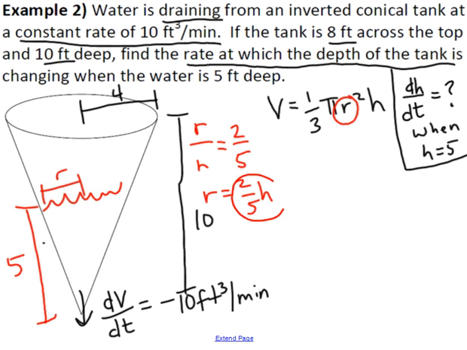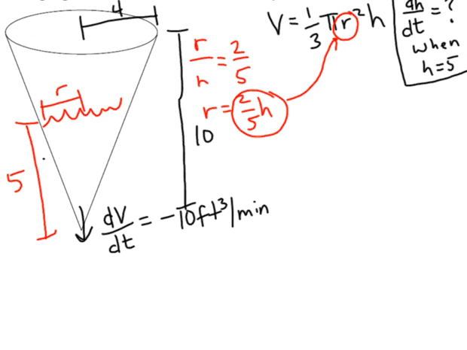And then we substitute 2/5 h in for our r. Okay, so now we're going to replace that. So we get the volume equals 1/3 pi times (2/5 h) squared times h. Let's simplify that down.